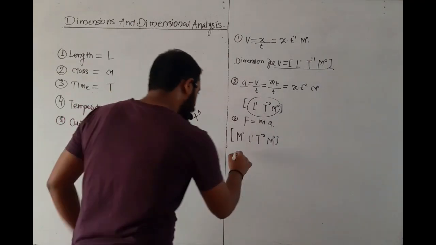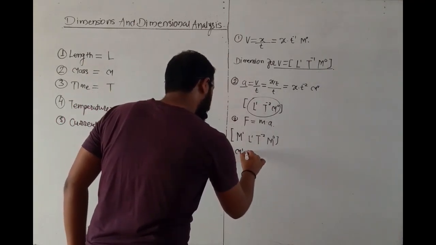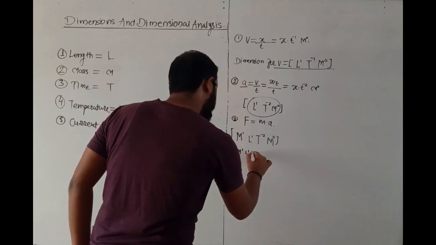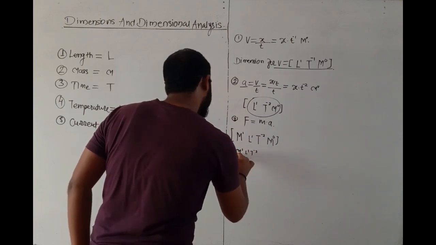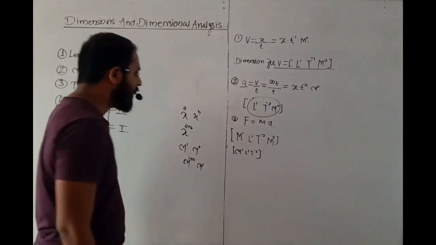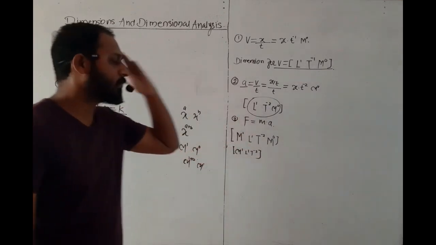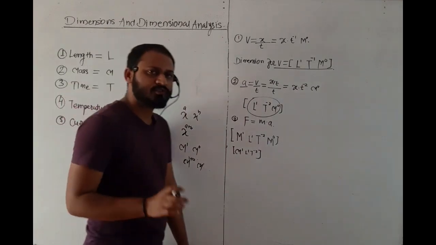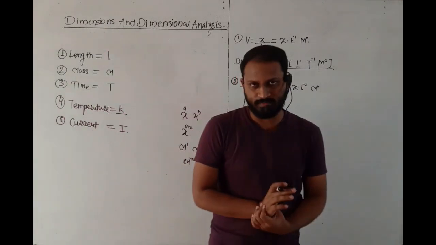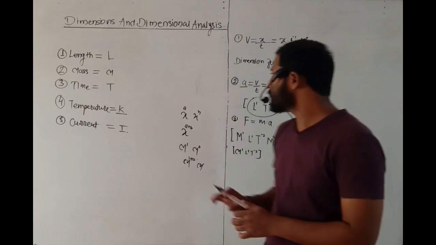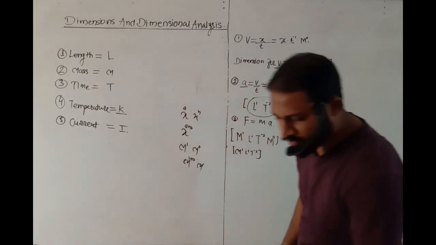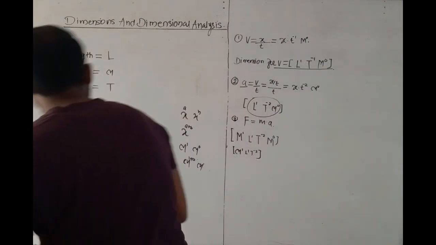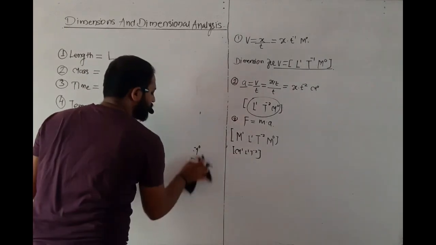M power 1, L power 1, T power minus 2. This is the dimension for what? F equals to ma. Okay. In this way, you can find the dimensions of any derived quantities. You can easily find the dimension for any derived or fundamental quantity.